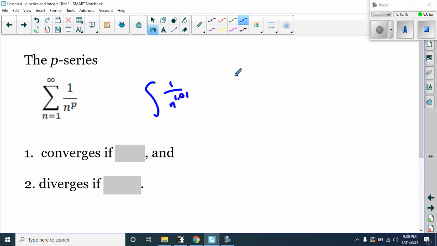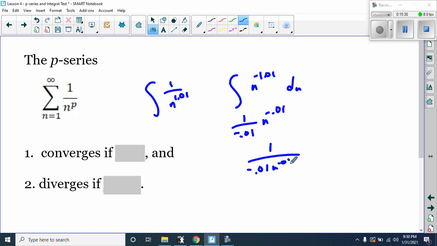So it would be the integral of n to the negative 1.01. Add 1 to the exponent. Notice my n would get moved down to the bottom again, right? So when I plug in infinity, because I'm dividing by an infinitely big number, that part's going to go to 0. So it's converging for any p values greater than 1.